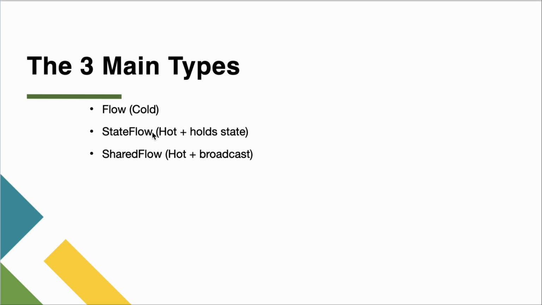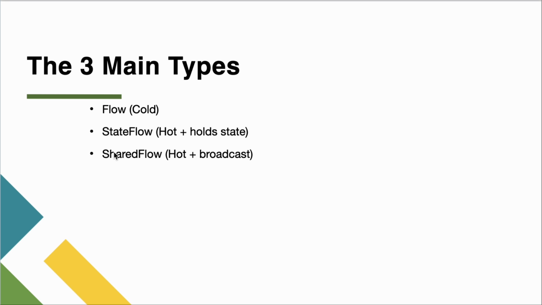You get a fresh one every time you order. State flow you can consider as a hot tea in a flask. It's already hot, ready, and remembers your last sip. And shared flow you can consider as a party drink dispenser, one source where everyone can take a cup simultaneously.